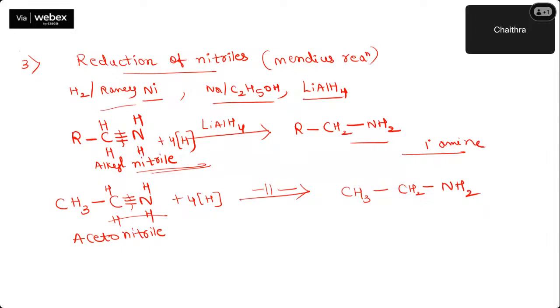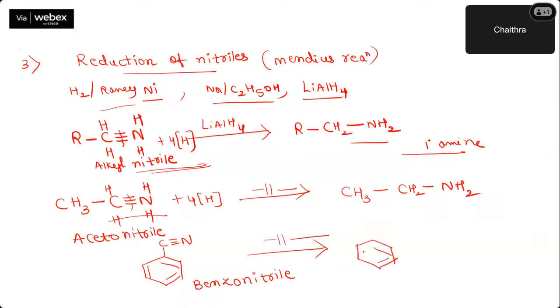So, one more example I'll give. If I take a benzene ring and attach C triple bond N here, what is the name of this compound? It is called benzonitrile. Now, on the arrow mark, take any reducing agent and please tell me the product. What do you get? I have the benzene ring as it is. Now you add hydrogens across the bond.